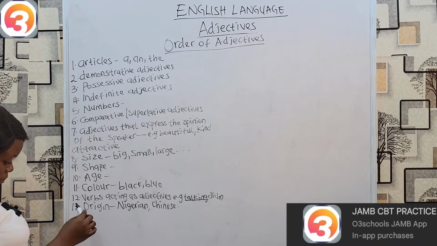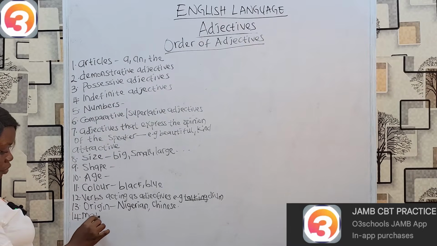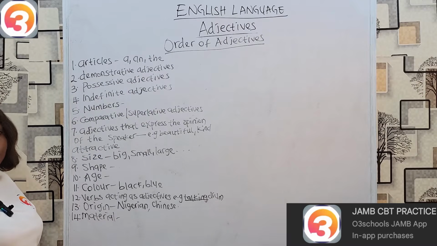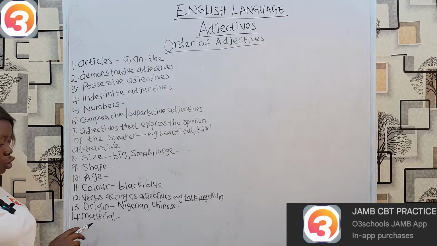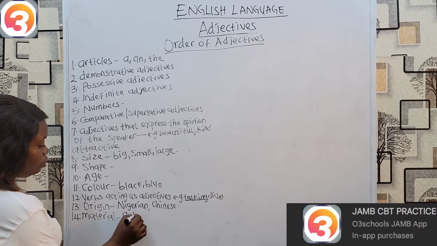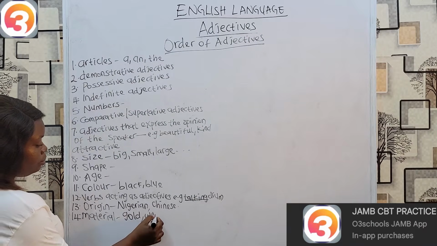Then we have material. If there are adjectives in the sentence telling us about the material that the noun being described is made of, such adjectives should come next. For example, gold, wooden.